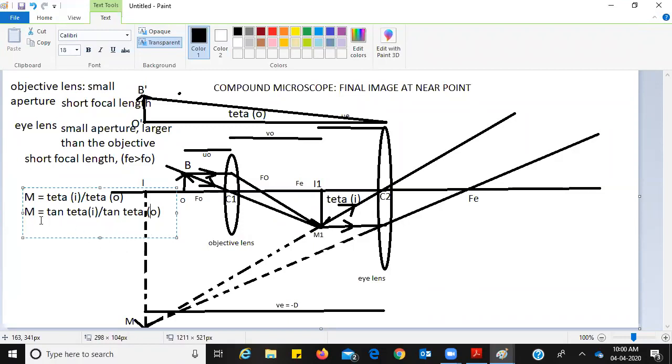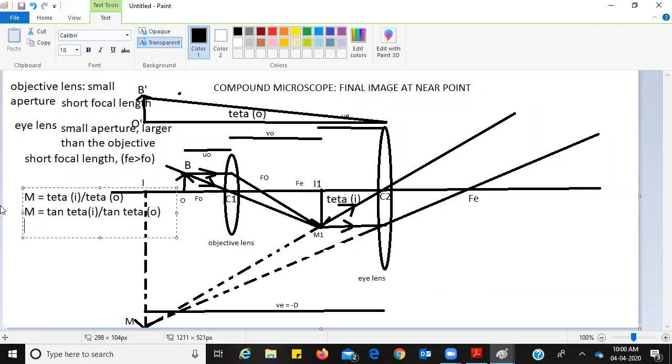So then you have to go to the diagram and find what is tan theta I and tan theta O. Tan theta I is I1 M1 by I1 C2. And tan theta O is B dash O dash by O dash C2.